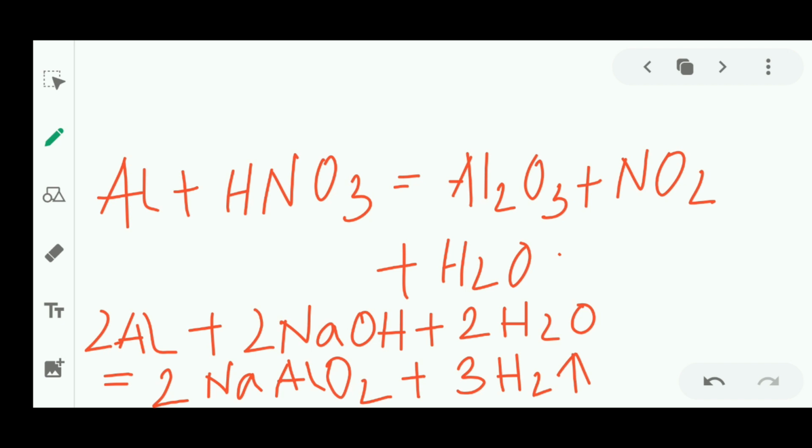Okay, so these are the reactions of aluminium with different acids. Like this, other metals like zinc also react with hydrochloric acid, H2SO4, HNO3 and NaOH to produce different kinds of salt.